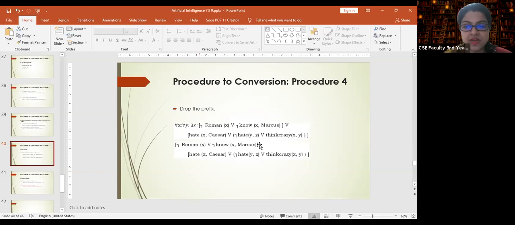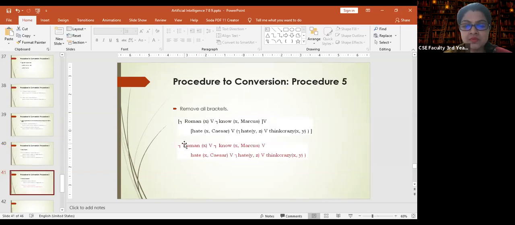We are directly removing all the brackets, keeping the not, or, and and signs, and we are just keeping the clauses. So this is procedure 5.